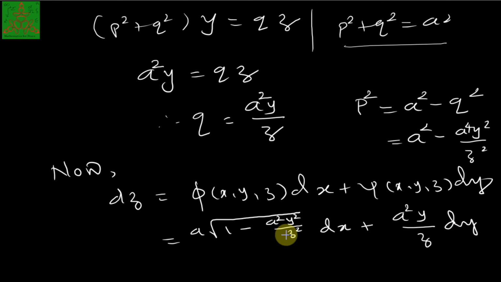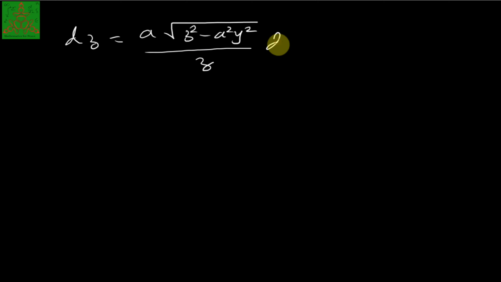If I take the LCM z square here and take it out from the square root, then dz is equal to a into square root of z square minus a square y square upon z dx plus a square y upon z dy.